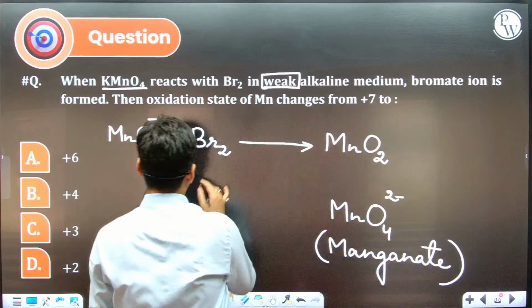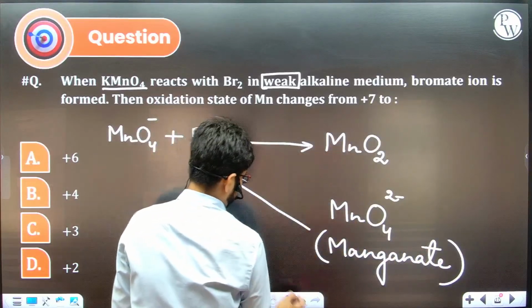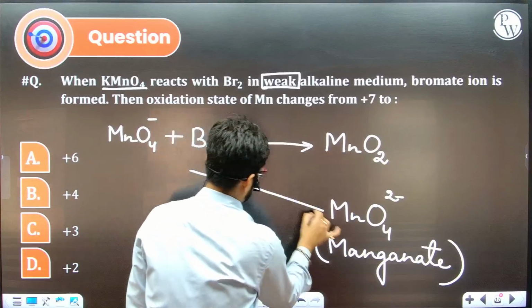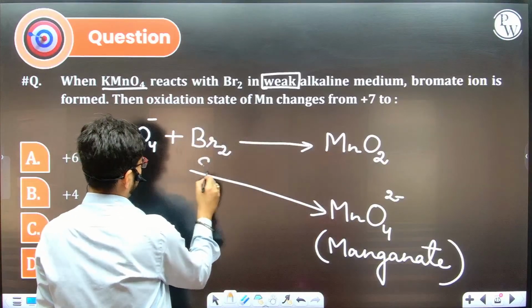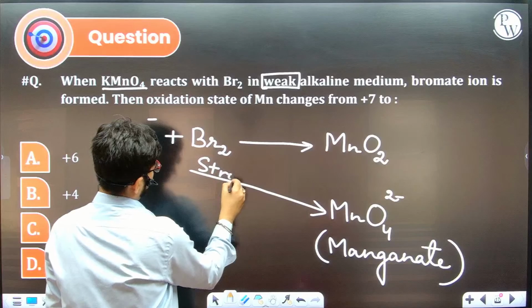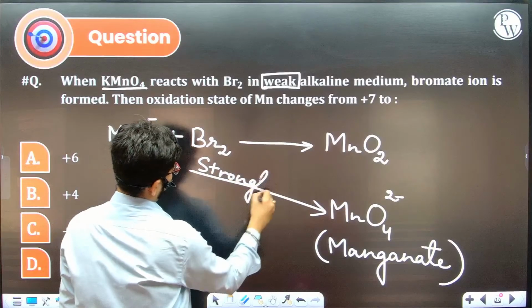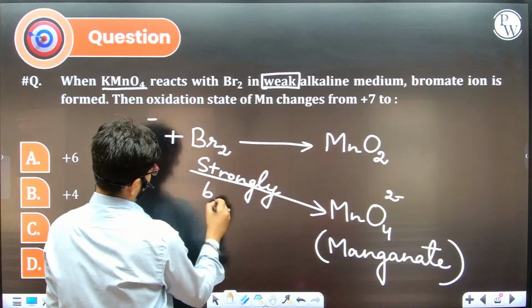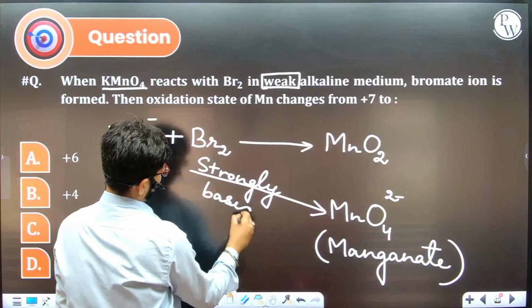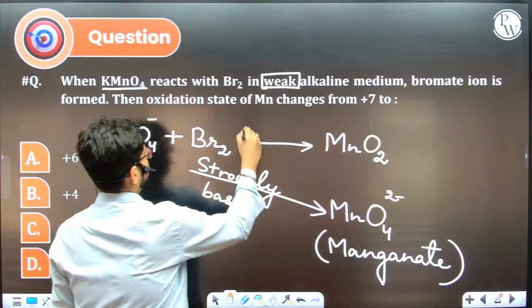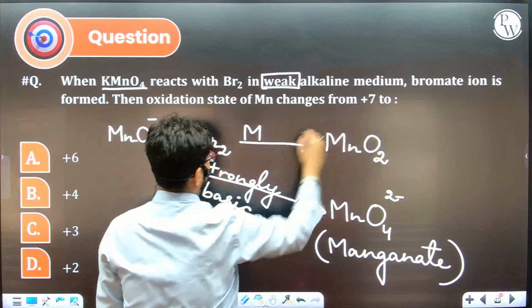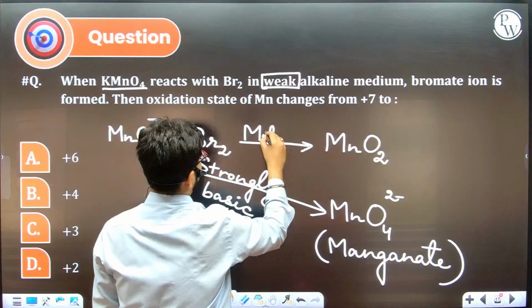This will be formed when the medium is strongly basic. And this is obtained when the medium is mildly basic.